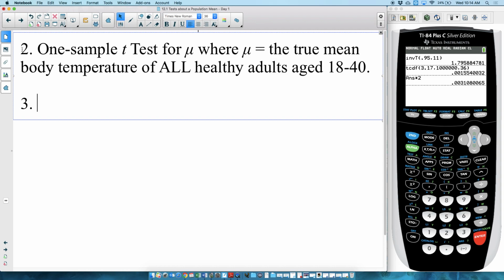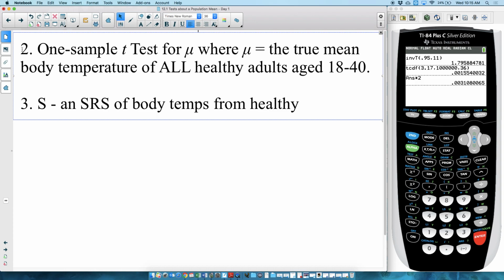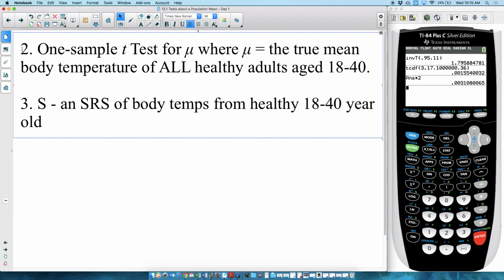Okay, so for our S, we need an SRS of body temps from healthy 18 to 40-year-olds. Or you could put this in your check part.